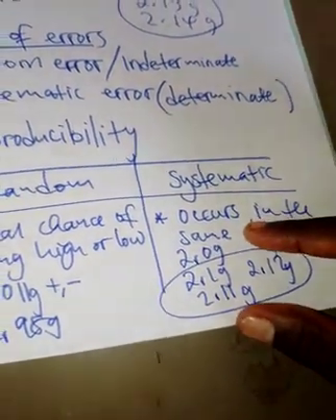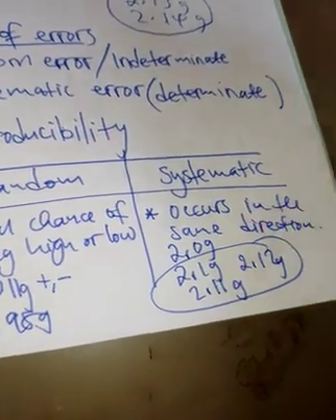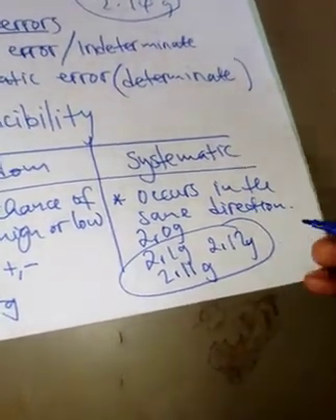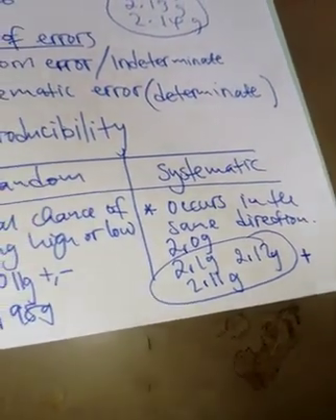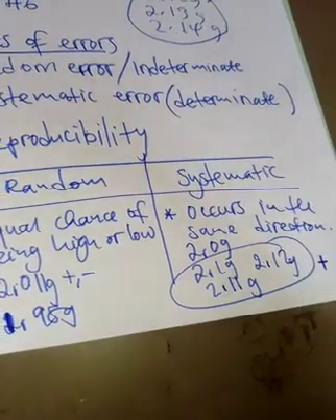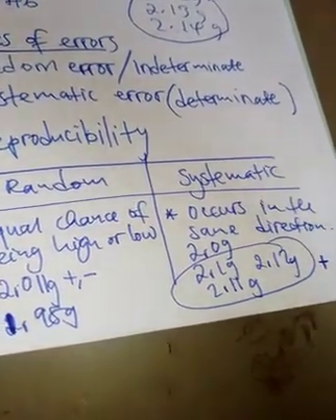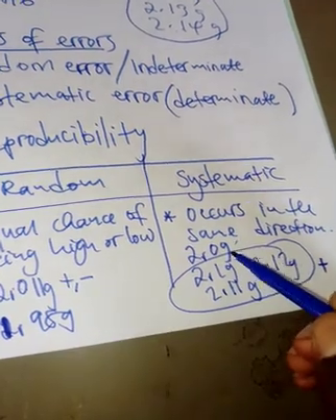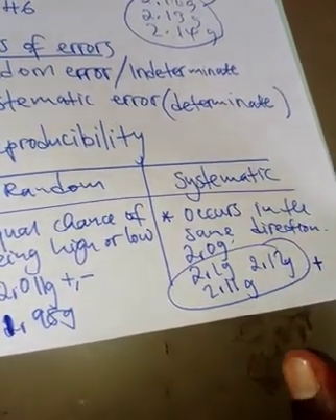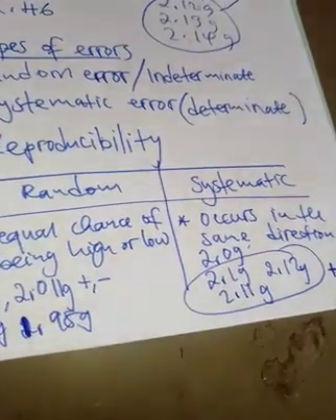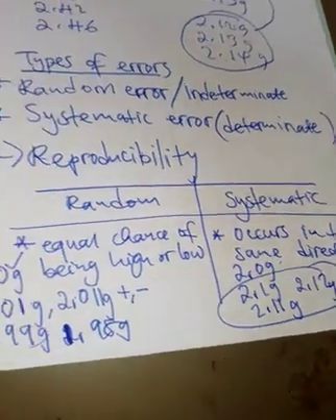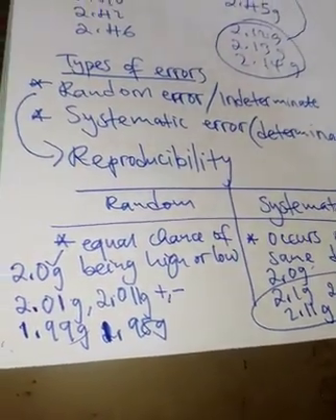So it's occurring in one direction only. In this case, we can say it's always positive. In some cases, we can only be getting values which are less than the actual value, meaning always below, or always low, or always high. Hope you get the difference there.